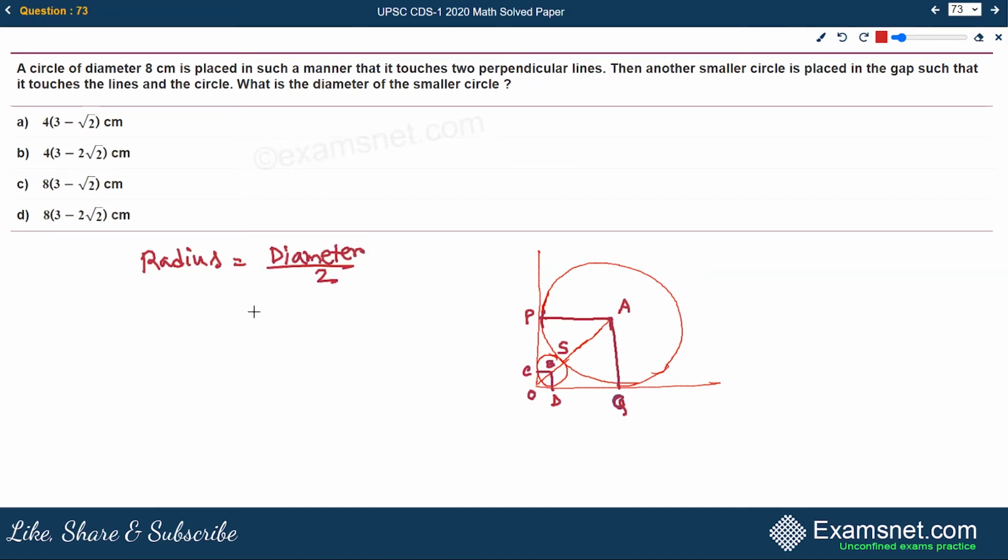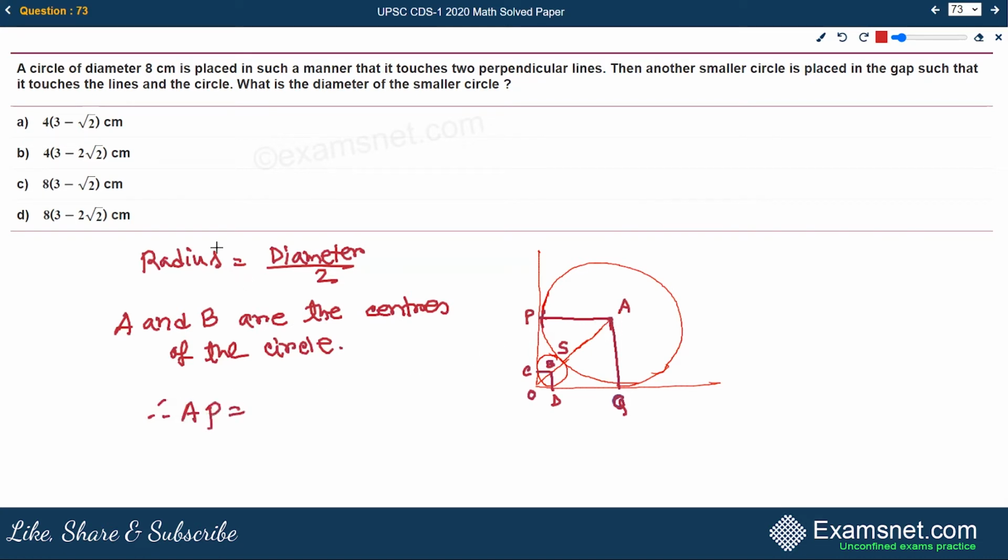So here in this figure, we can see, let's say A and B, these two are the centers of the circles. Therefore the radius of this bigger circle, which is AP, since the diameter is 8 centimeter, will be 8 by 2, which is AQ as well, so 4 centimeter.